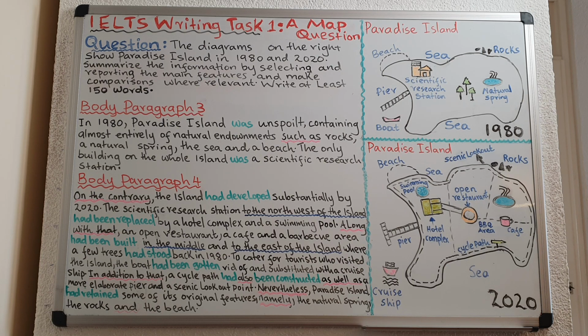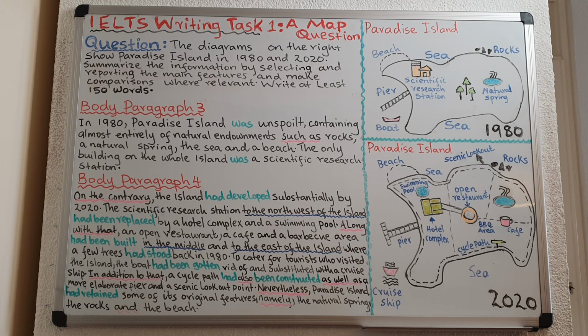And the first form of development is that the scientific research station. Where is the scientific research station? It is to the northwest of the island, had been replaced. So you need to use words to show direction. Very, very important. To the northwest of the island. If you look at the northwest of the island, you see the scientific research station.